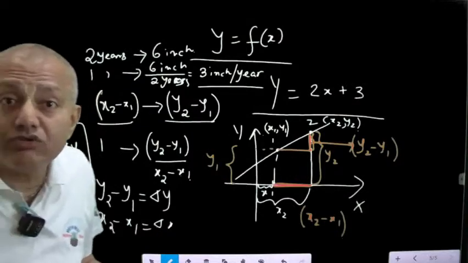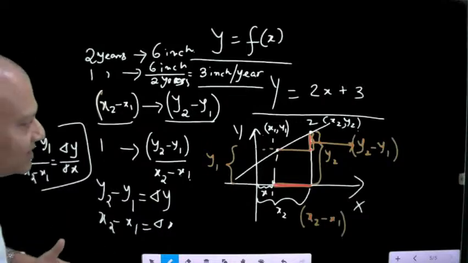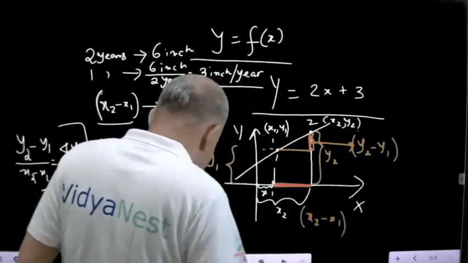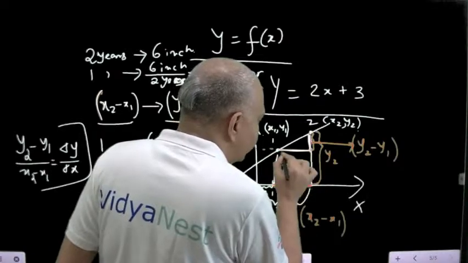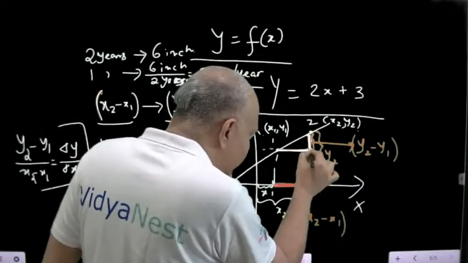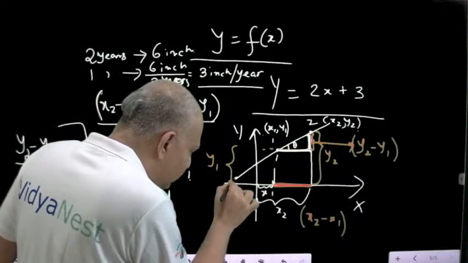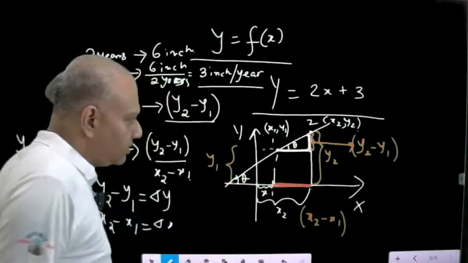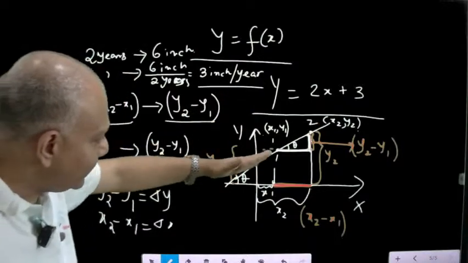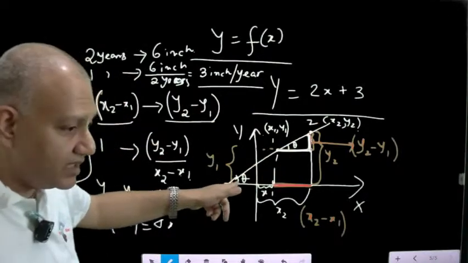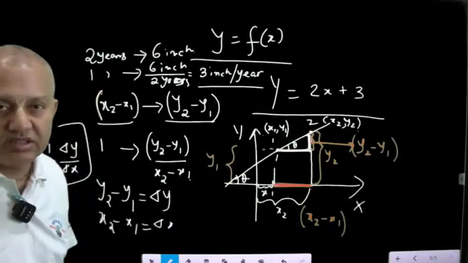Actually, that is y2 minus y1 divided by x2 minus x1. You can see this is my y2 minus y1, and this is my x2 minus x1. So this length divided by this length, if this angle is theta, so this angle is also theta. If I think of this as a straight line, and this angle is theta, then theta is the slope of the straight line, isn't it?